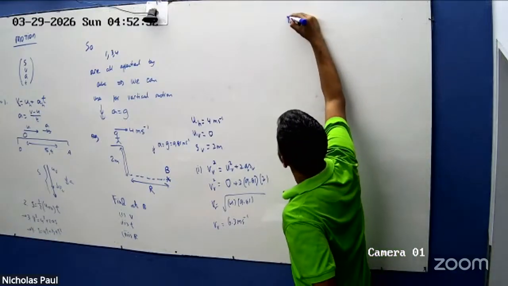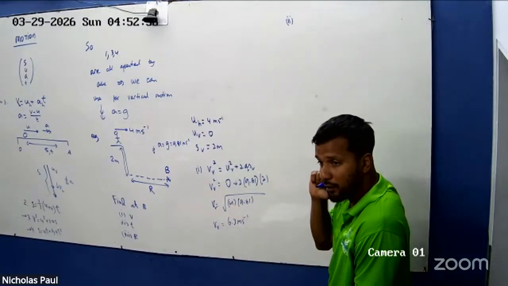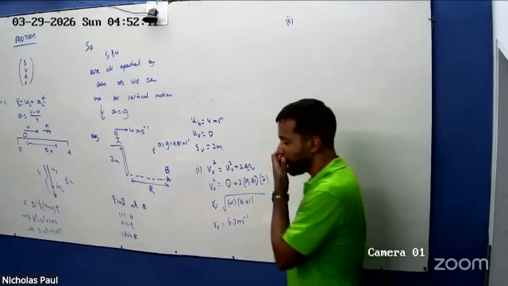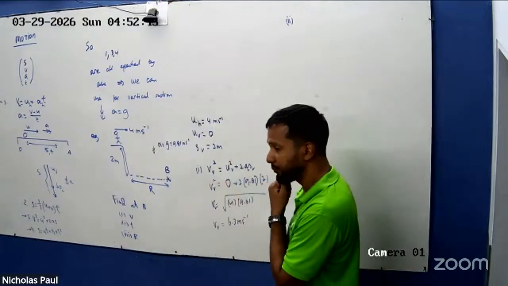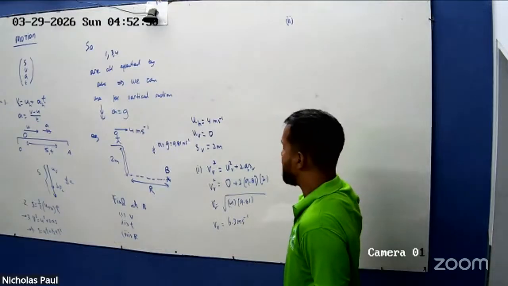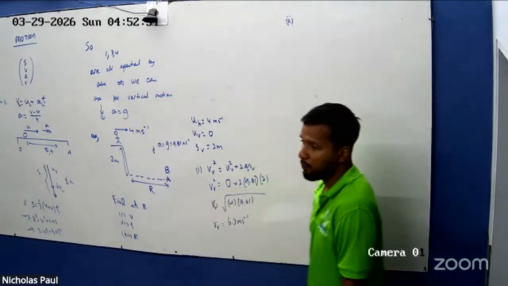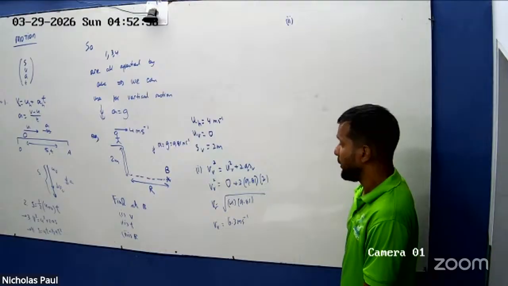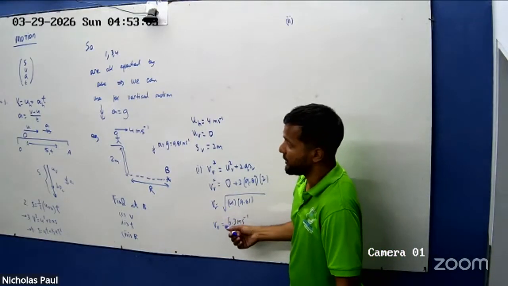Now we need to get the time it takes to reach there, right? So what do you think, Nathaniel? Which equation could we probably use to find t? Time taken to reach here. First one, okay. You have final velocity, you have initial, we have acceleration, so you can find t.